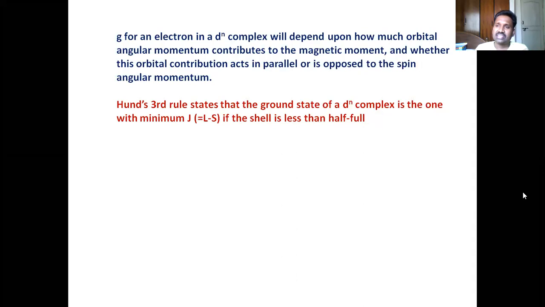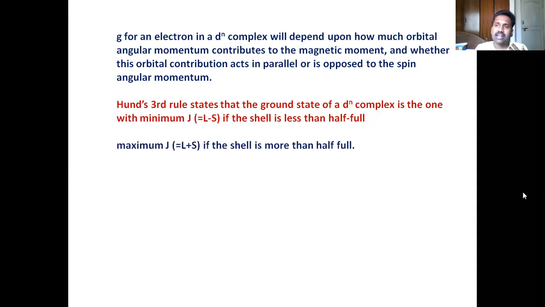So J is equal to, for example, L is 3 and S is 1: 3 plus 1, 4, 3, 2, till L minus S. So if L is 3 and S is 1, you get J equal to 2, one state. That will be the ground state. So the ground state is the one with the minimum J value. Of all the possible J values, which will be the minimum? The one obtained with the L minus S operation, right? So that's the minimum J value.